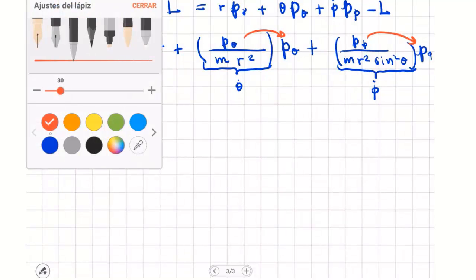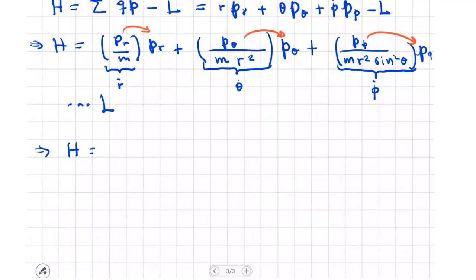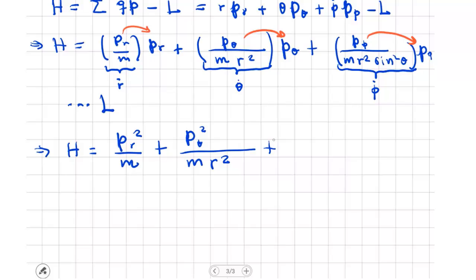So we get in this equation PR square dividing the mass, all right, plus p theta square dividing the mass multiplying r square plus p phi square dividing m r square sine square of theta minus the Lagrangian. All right.